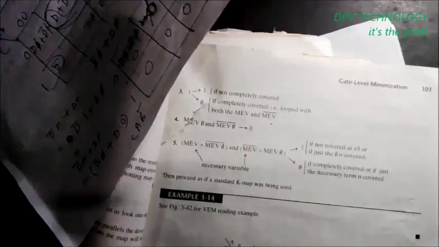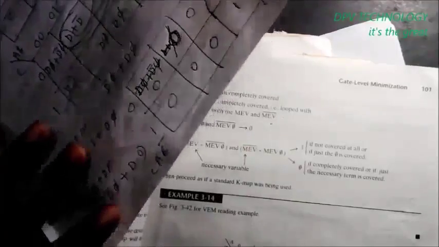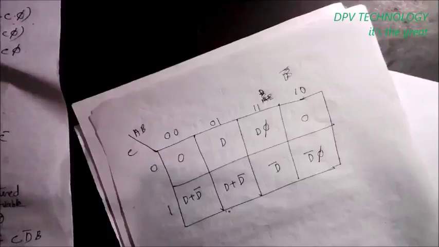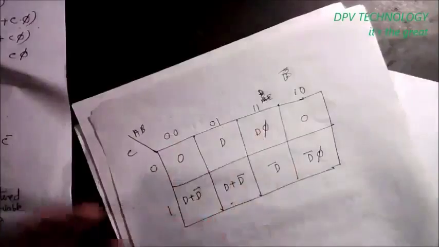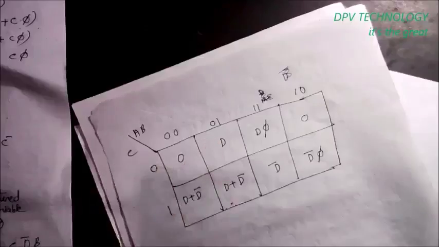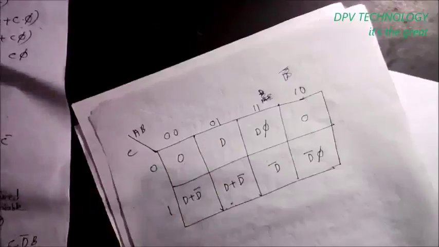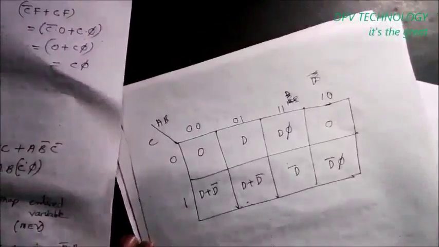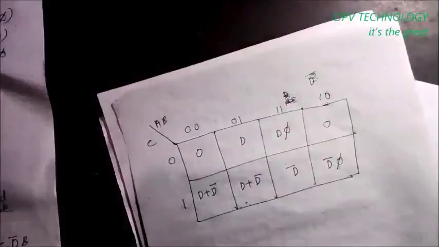Now I am going to take one example again with C variable. So this is the example. You will get this map after reading the truth table given in the question. Now I am going to show you the grouping method, that is step 1, and after grouping I will show step 2. Here step 1 was that we have to cover only the single MEV.